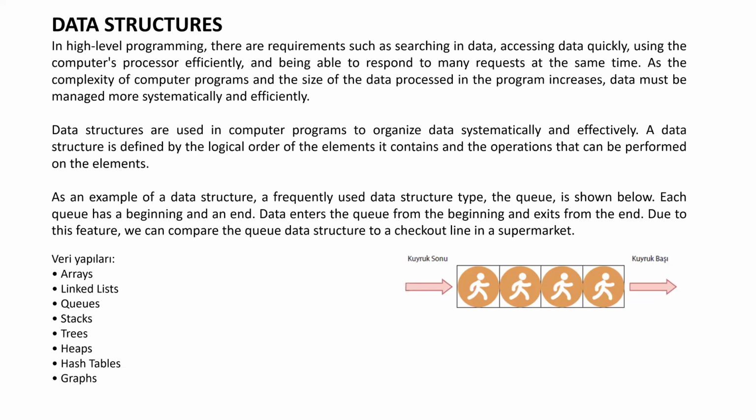And also, you can define your variables one by one individually, but we are generally using these structures. For example, arrays. Actually, we have some bookshelves, and we are putting our data in these cells.